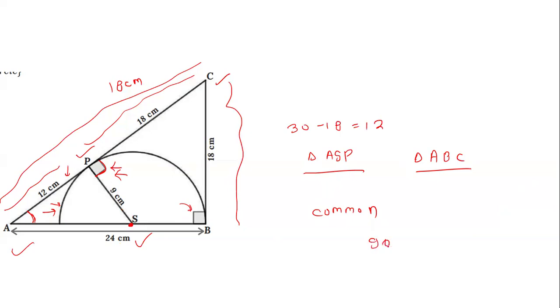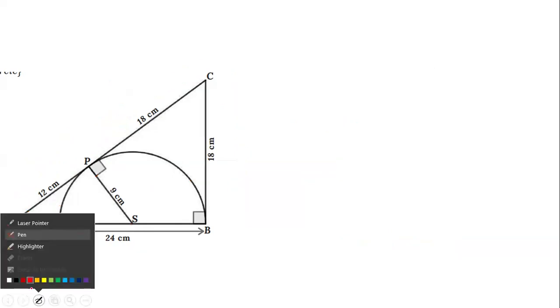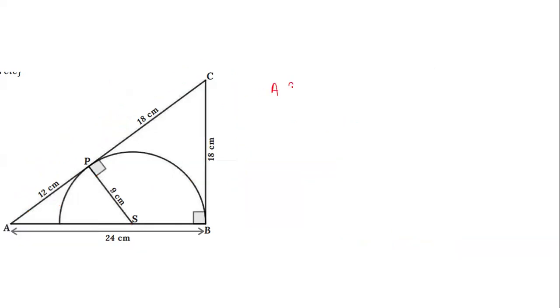So the angle at point P is 90 degrees, and at point B is also 90 degrees. If two angles are the same, then the third is also the same. So these are similar triangles. So ASP and ABC are similar triangles.